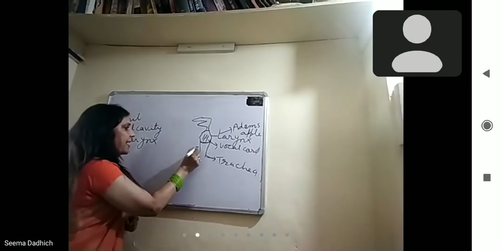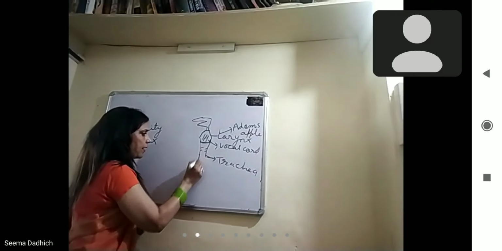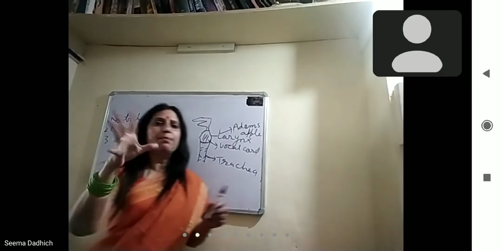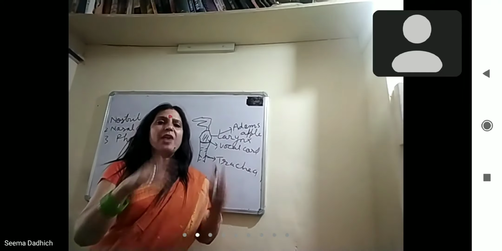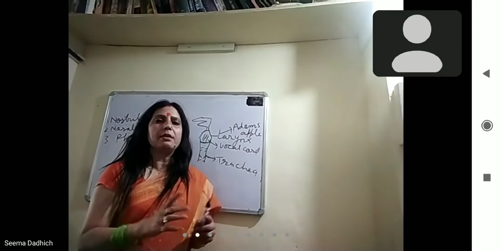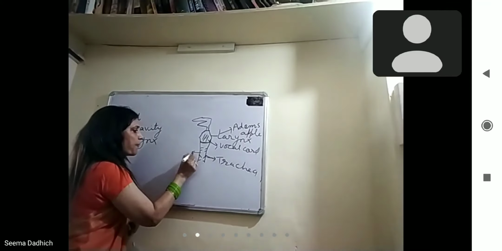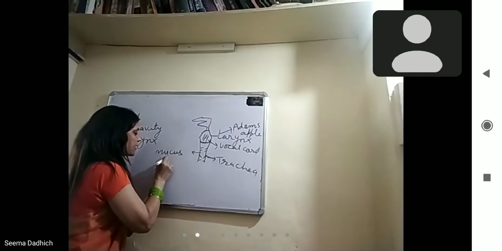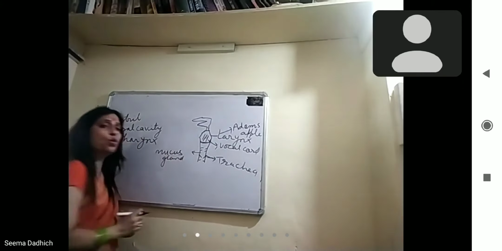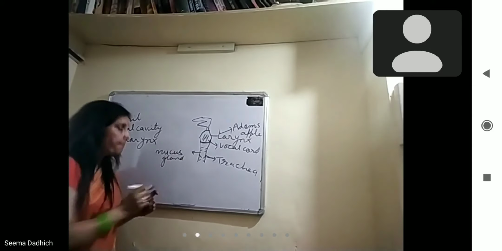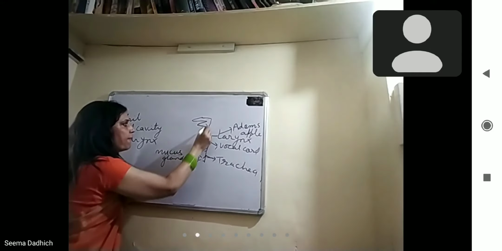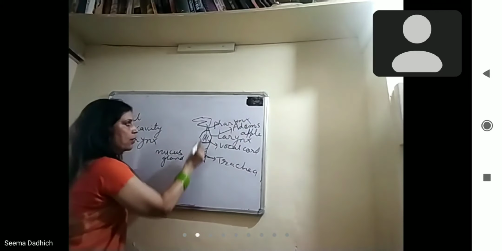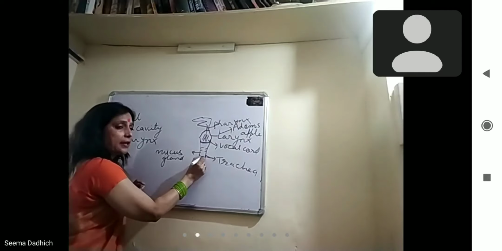Cilia are present inside the wall of the trachea, continuously moving. Mucus glands are also present here and secrete mucus. Air comes from the pharynx to the glottis, larynx and trachea.